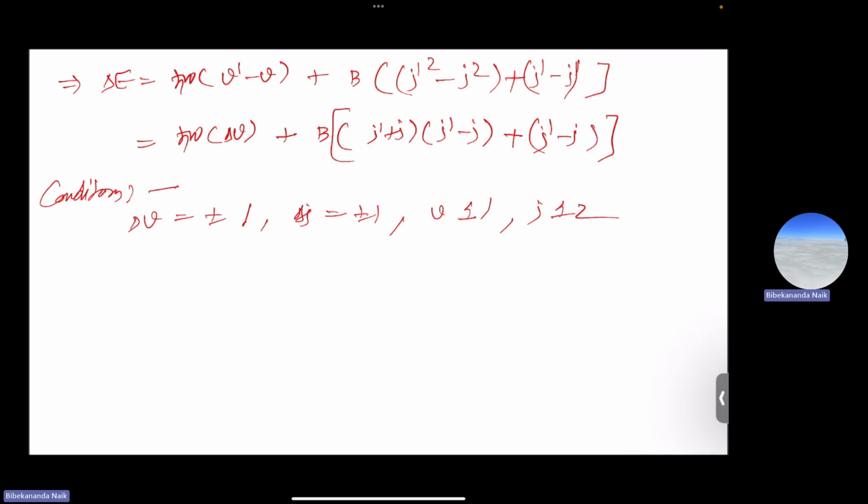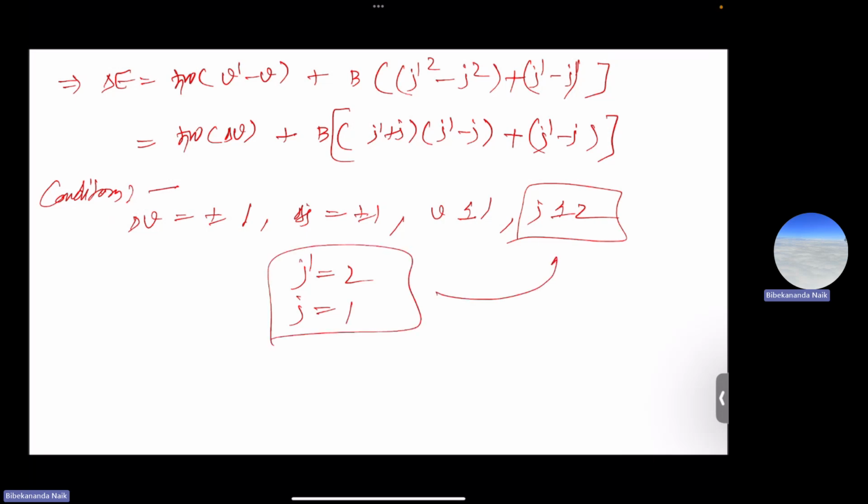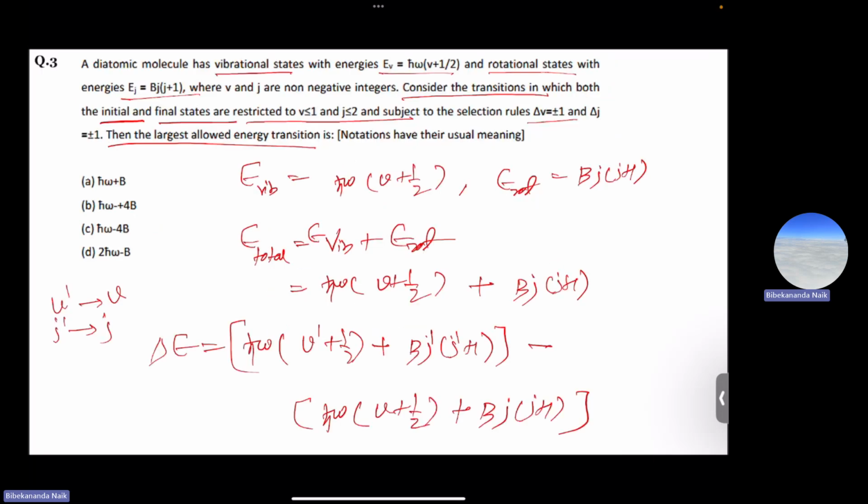So what are the transitions? Here we can put Δv equal to 1, and then for Δj it is ±1. Since j is less than or equal to 2, we can put j' = 2 and j = 1, because in the question it is given that both the initial and final states are restricted.